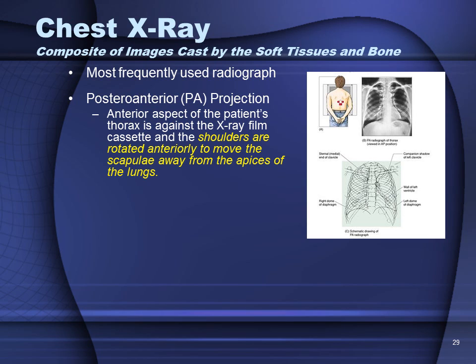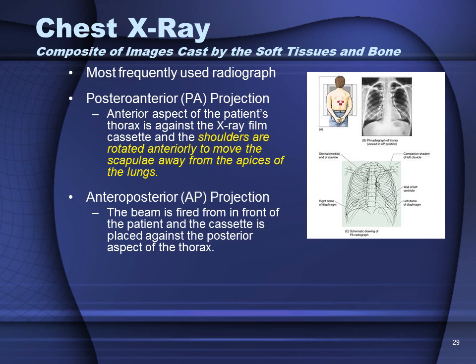And you ask the patient to put their hands on their buttocks, or more commonly on their hips, and to press their shoulders forward toward the cassette. And this rotates the scapula, or the shoulder blade, out of the apices of the lung field so they can be clearly visualized on the X-ray film.